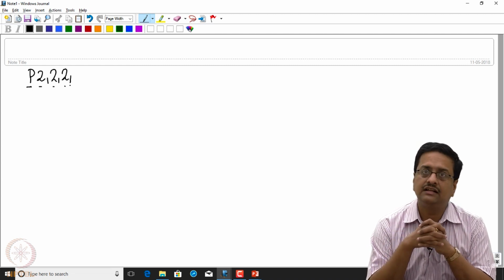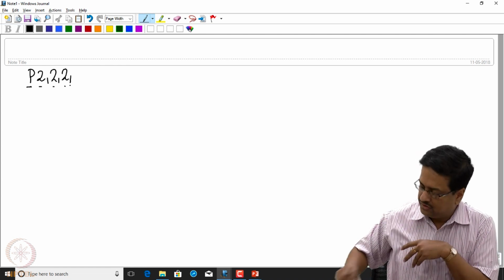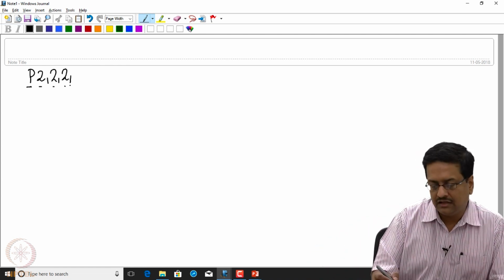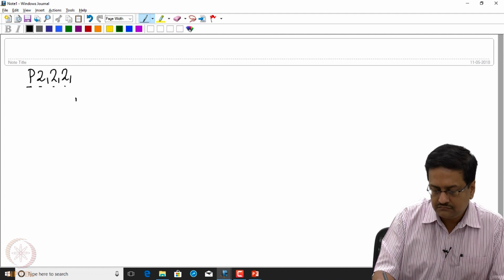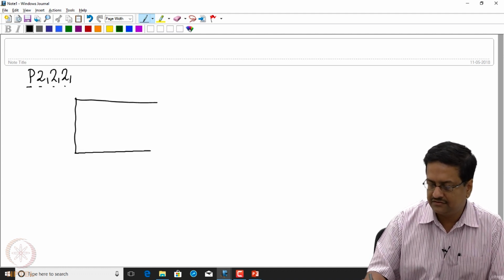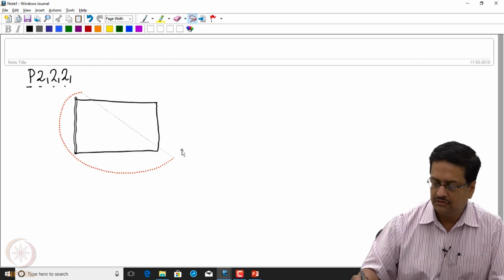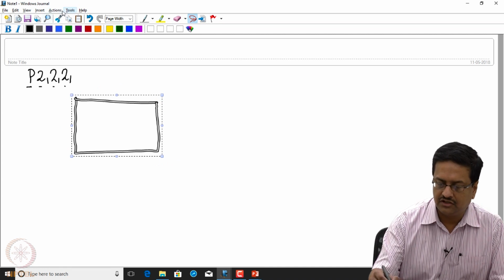So the figure that I am going to draw will have a translational component associated with each of these 2-1 screws. Here once again I am drawing the AB face of the orthorhombic unit cell.